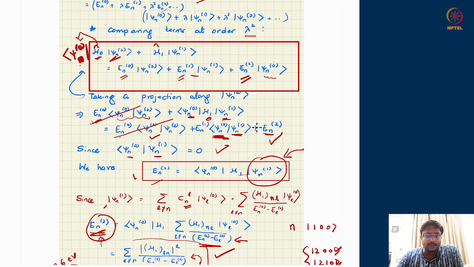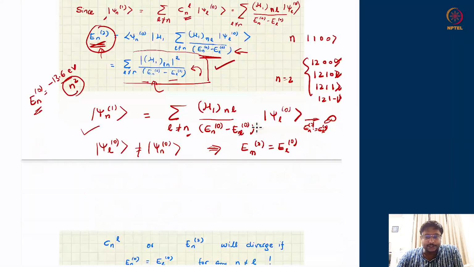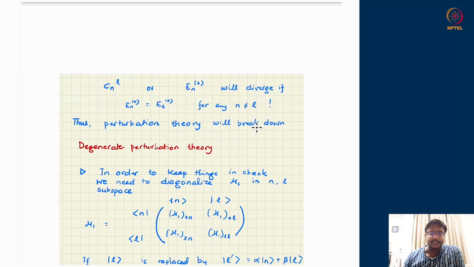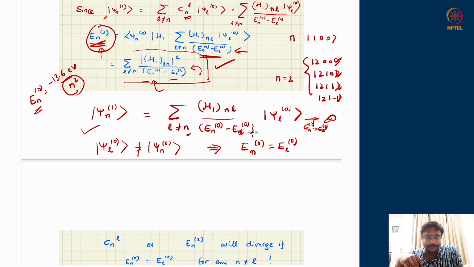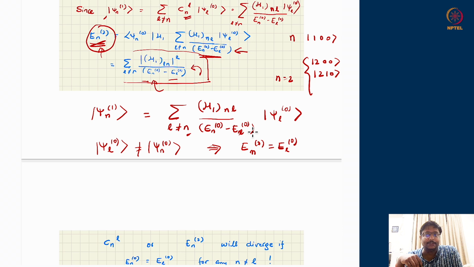So therefore, the robustness of the perturbation theory is under question. The perturbation theory will break down if such a thing happens. So I cannot use this perturbation theory machinery which we have developed if it so happens that I am talking about a system where two states have the same energy despite being different states altogether, like hydrogen atom.